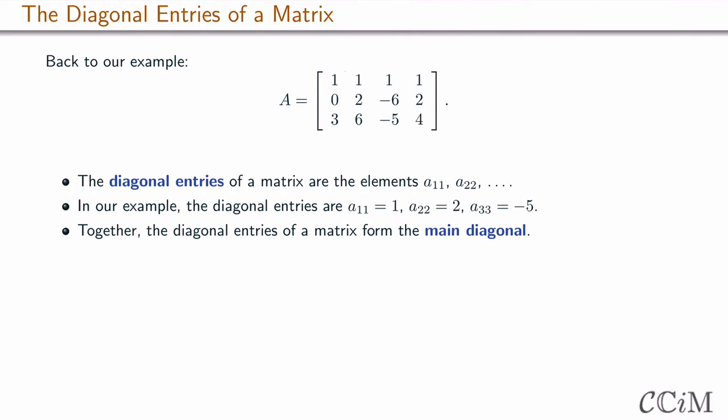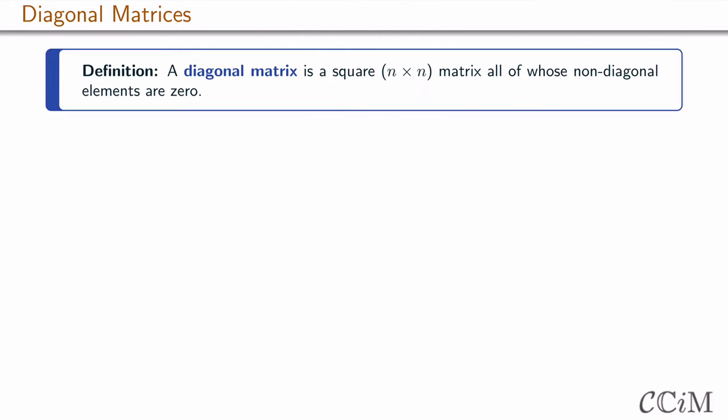Together, the diagonal entries form the main diagonal of the matrix. We can also speak of a diagonal matrix, which is a square matrix, so a matrix that has the same number of rows and columns, all of whose non-diagonal elements are 0. So the only entries that are allowed to be non-zero are those on the diagonal.